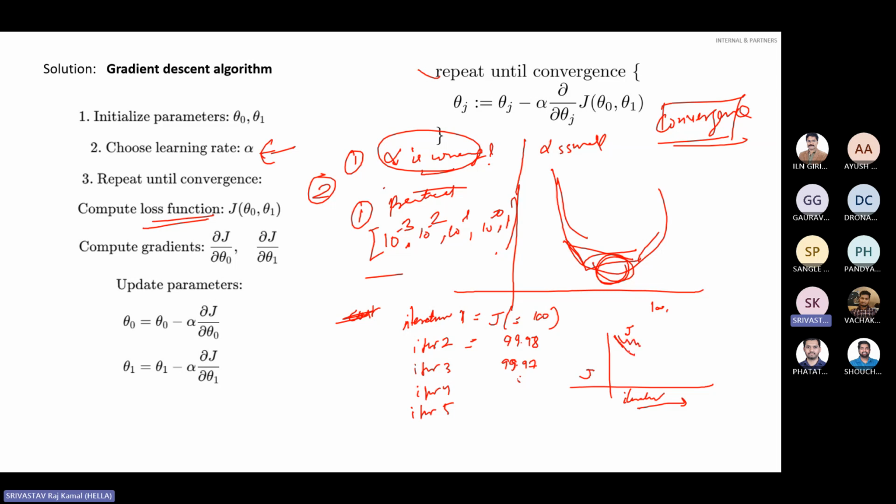Initially it will not always go down smoothly, but overall it will go towards down. But after iteration 100, 200, 300, my J's are not going towards the local low direction. So this thing is not converging.